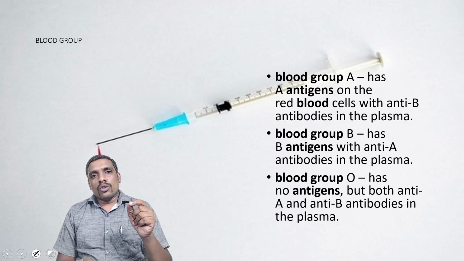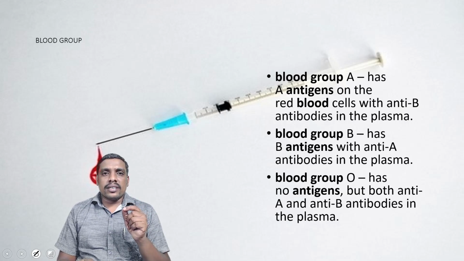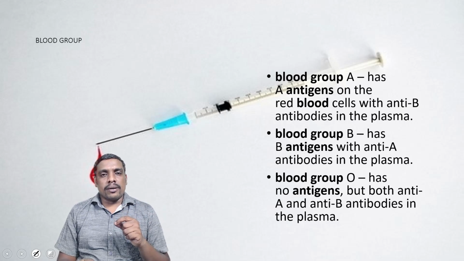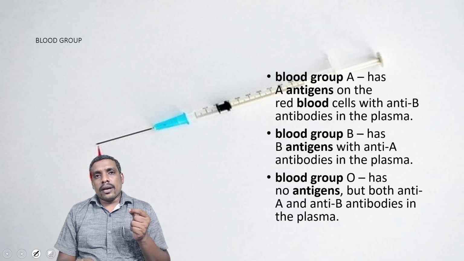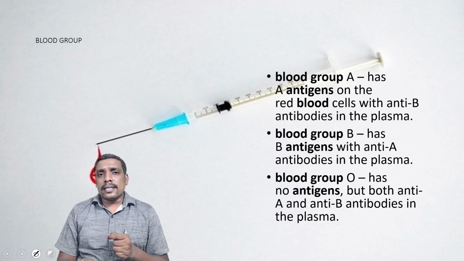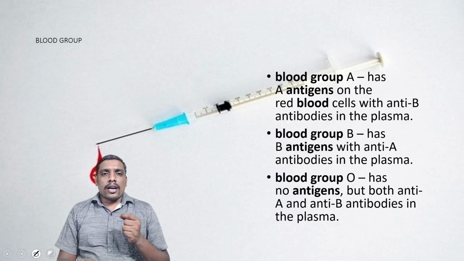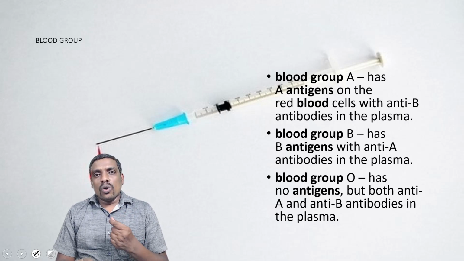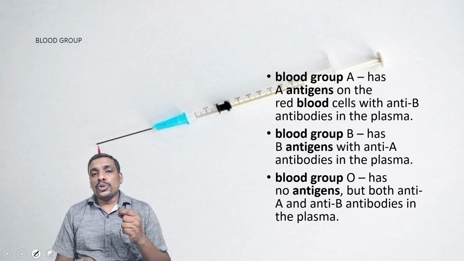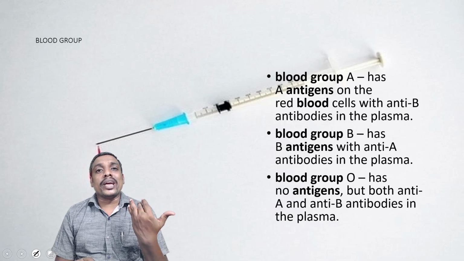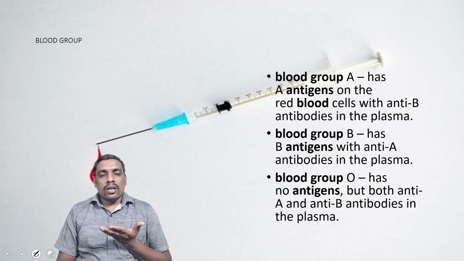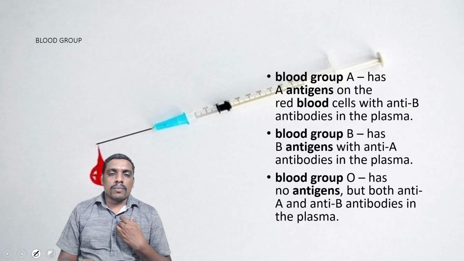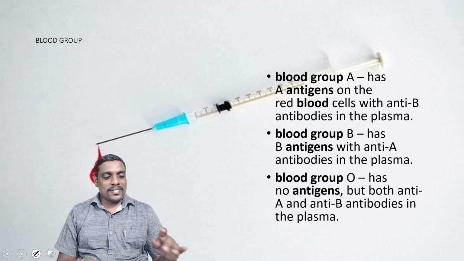Because A group blood persons have antigens A, B group blood persons have antigens B, and no antigens are present in the O group blood. Because of this reason, O group blood persons are called universal donors. They can give blood to anyone. I can receive the blood from O group blood persons.